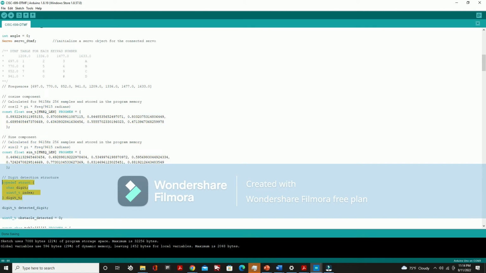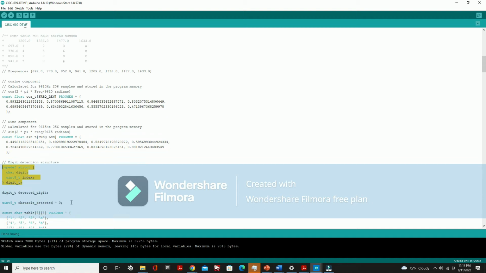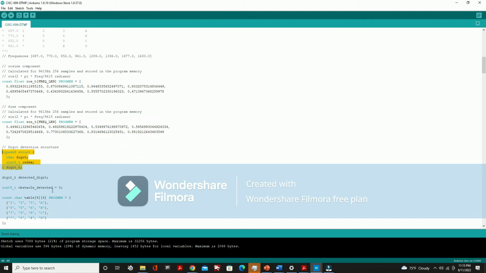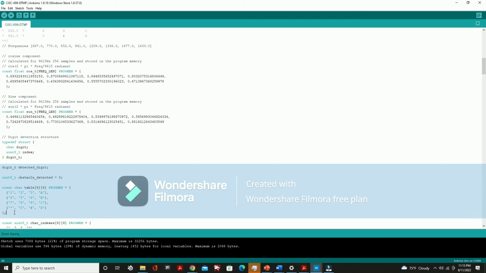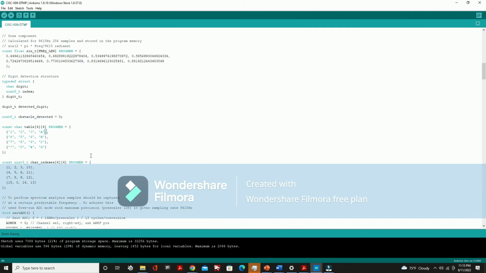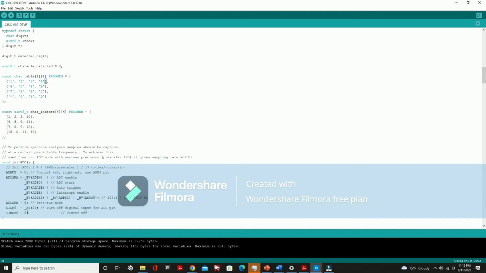This is the structure I have created to store the detected digit. And this is the actual table which I'm going to map to the actual keypad numbers, which I'm going to decode using the Goertzel algorithm.